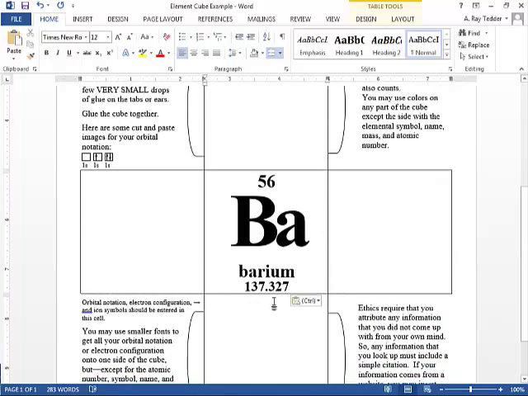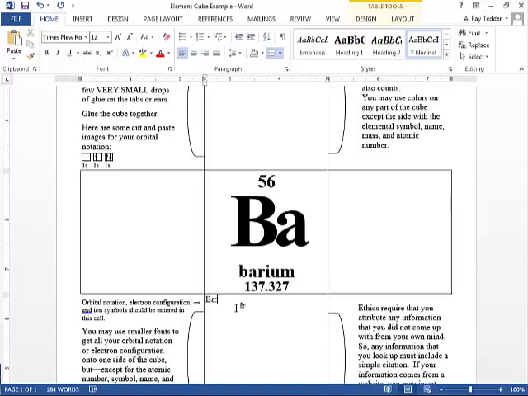Now, in this box right here, below that name, it tells you what's required there. It tells you that you have to have orbital notation. Okay? So then for barium, I want to do Ba colon. Now, normally, you cannot write a shorthand version of the orbital notation for barium.